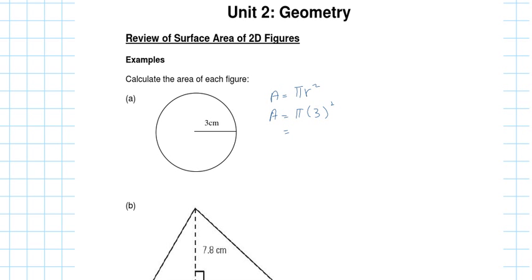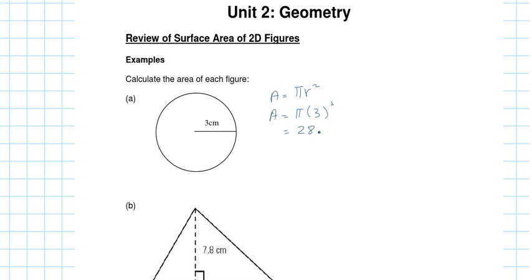BEDMAS tells you to do your squared first, so 3 squared is 9, right? And then 9 times pi, using 3.14, is 28.27.